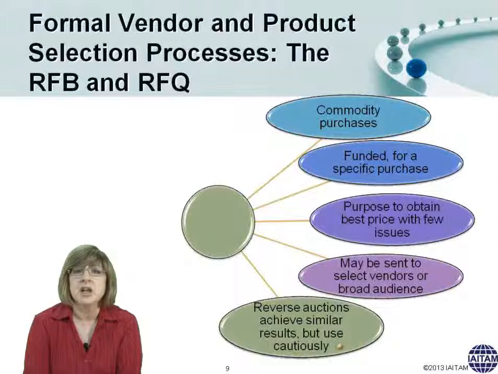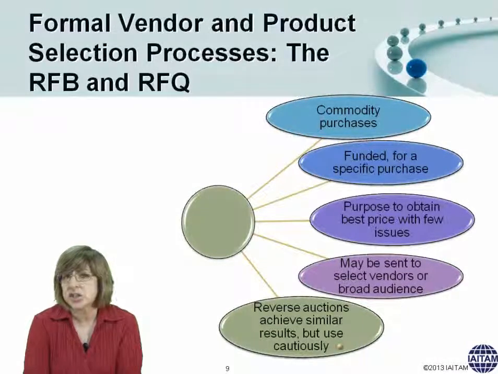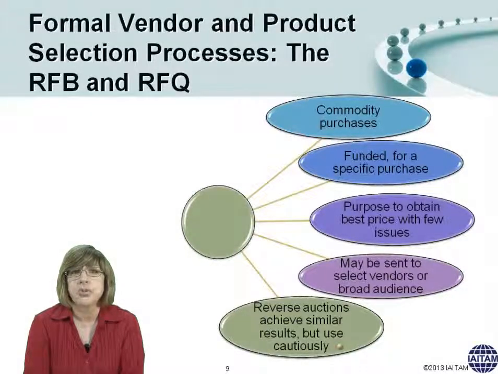Sometimes when buying from places like eBay, you don't have a chance to consider terms and conditions before you actually do the purchase. So I'd be very cautious in incorporating that as a business strategy for buying any IT whatsoever, hardware or software.